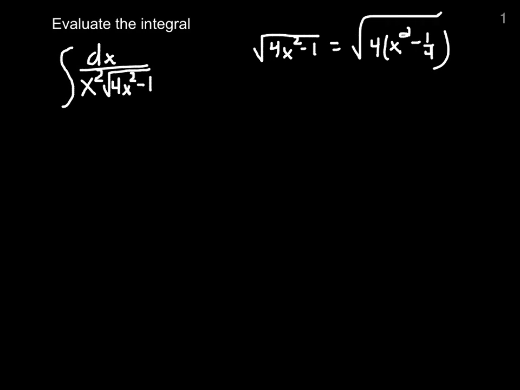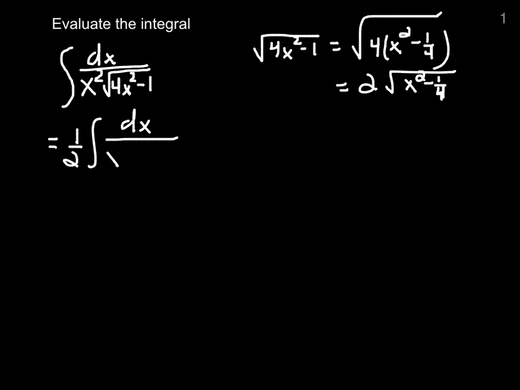And we take the square root of 4 and the square root of x squared minus a 4th. Okay, great. So that 2 that's in the denominator now will come out as a half. And now we have it ready for the trig substitution.